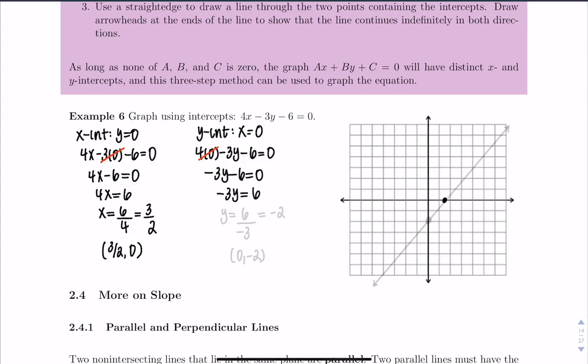And then dividing by negative 3, we have 6 divided by negative 3, which is negative 2. So we have the point 0, negative 2. So let's go ahead and plot that one. So once we have our 2 points, all we have to do is draw a line between them.